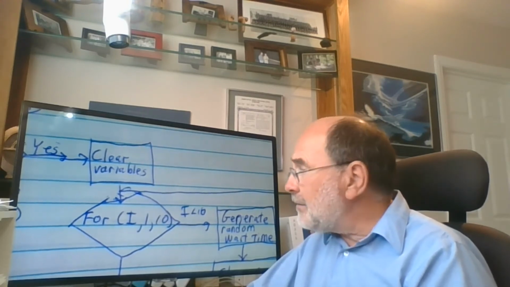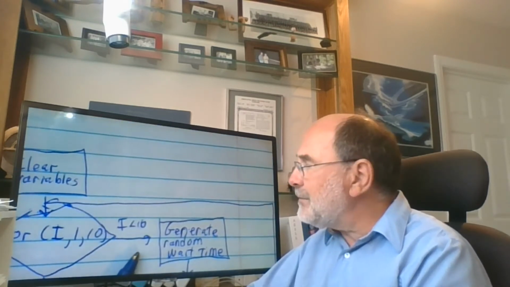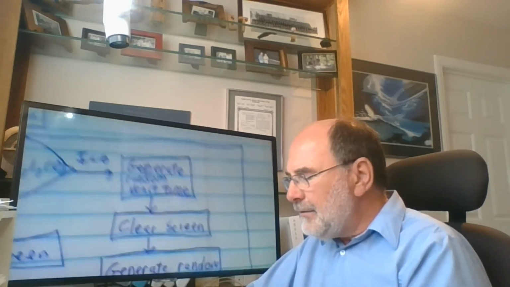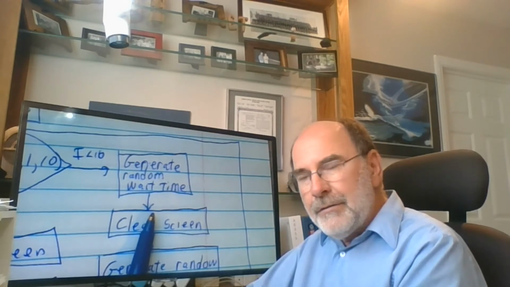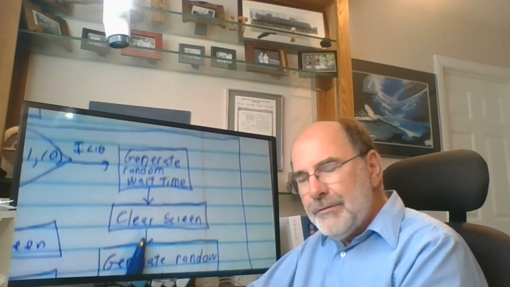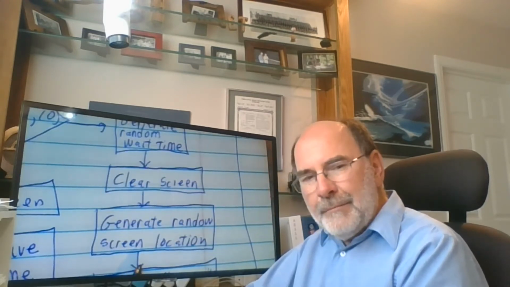So as long as I is less than 10, which is what I attempted to write here, then generate some random amount of time to wait. I told you make it sometime between 1 and 8 seconds. Clear the screen. And by the way, wait that amount of time.